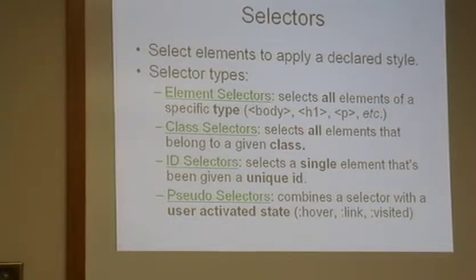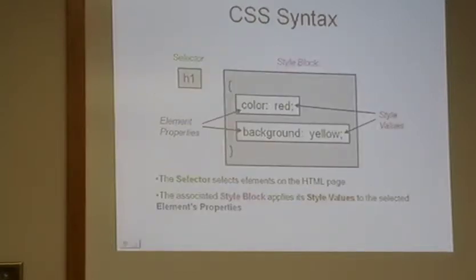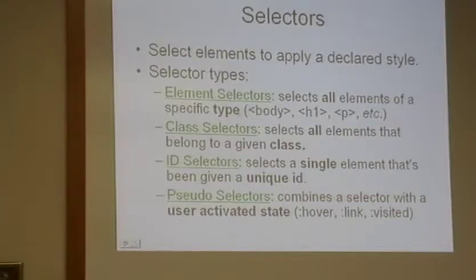So if you have a selector that has H1 as its selector, it will select all H1 elements in your document and apply the style to it. Body will select your whole entire body of your document and apply the style to it.